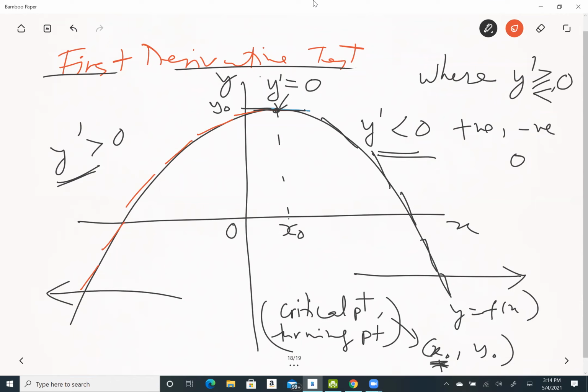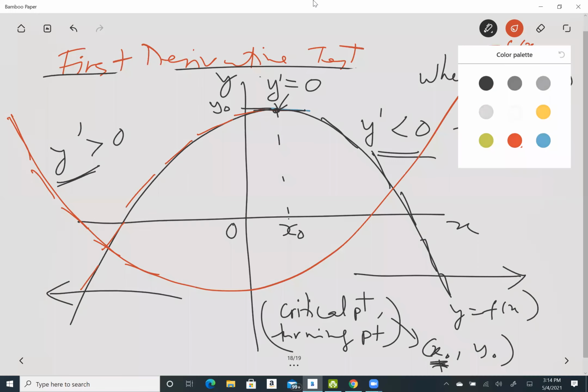All right, consider another example. Let's say I have another graph here. I draw another graph over here. Okay, this is y equal to f of x. So again, I look at the curve here. I put the derivatives, the slope at point.